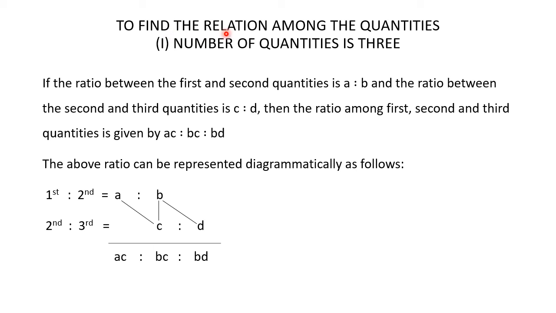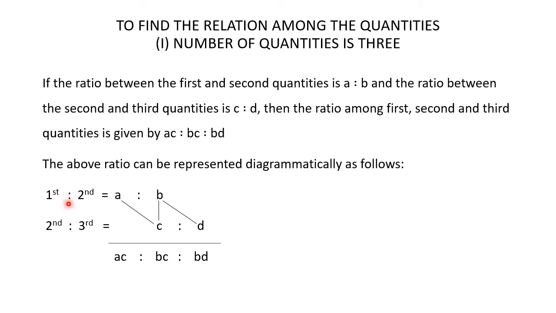Let's learn how to find the relation among the quantities when the number of quantities is 3. If the ratio between the first and second quantities is a:b and the ratio between second and third quantities is c:d, then the ratio among first, second and third quantities is given by ac:bc:bd. You can remember this ratio by remembering this diagram.